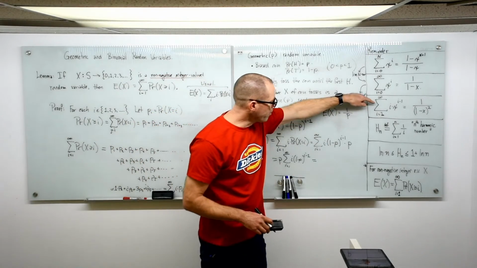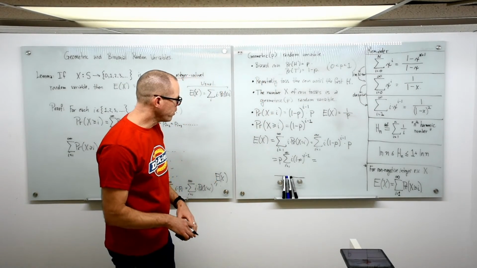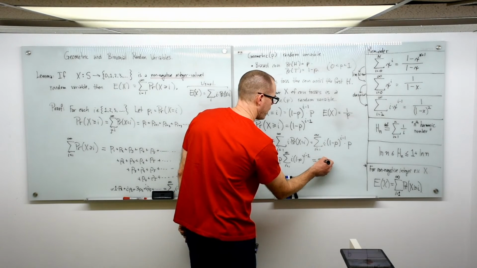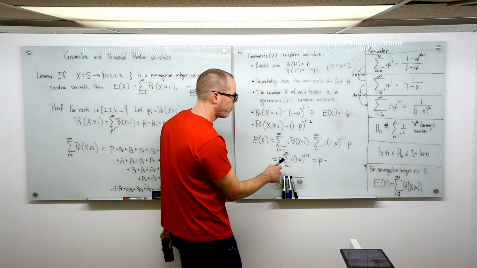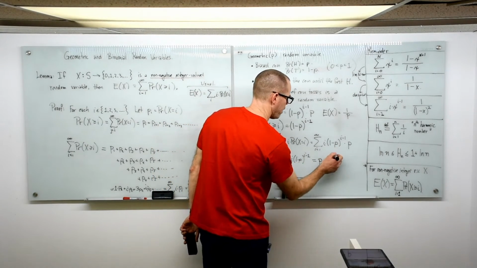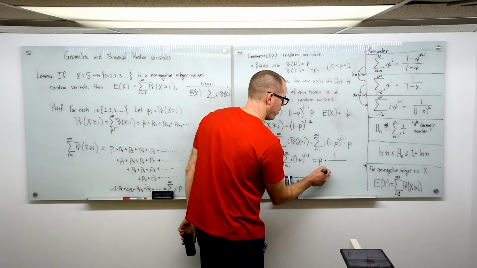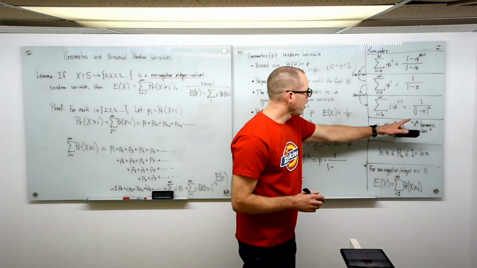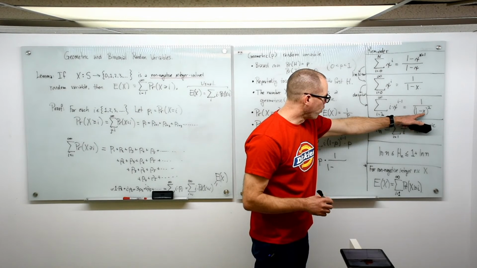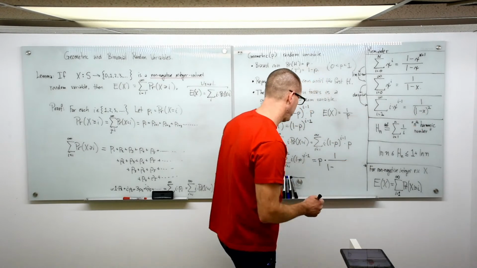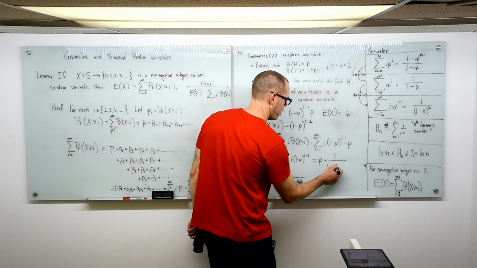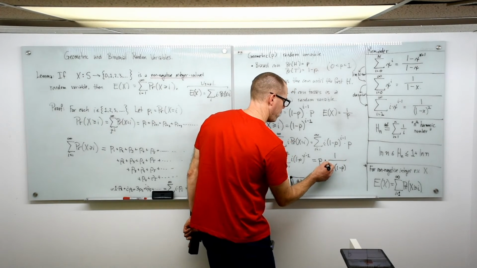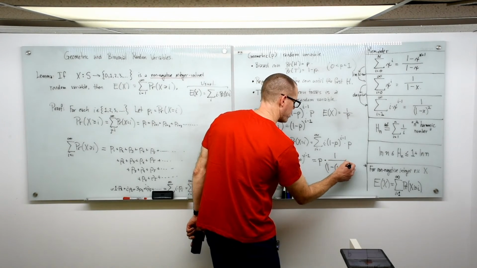So really we have a sum that looks like this, so we can use the formula that's on the board there. We still have the leading p out front, and it's over 1 minus x, where x is 1 minus p, and that's all squared.